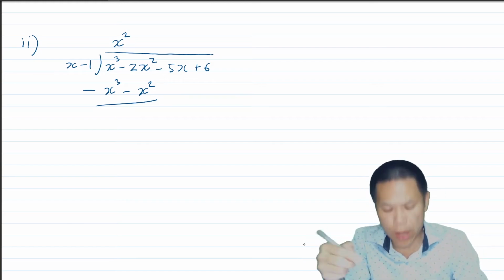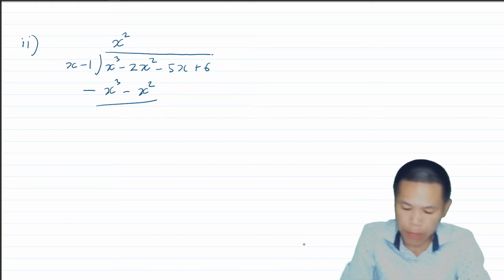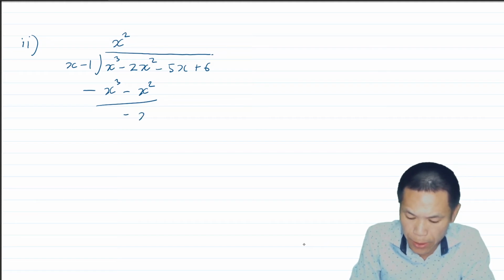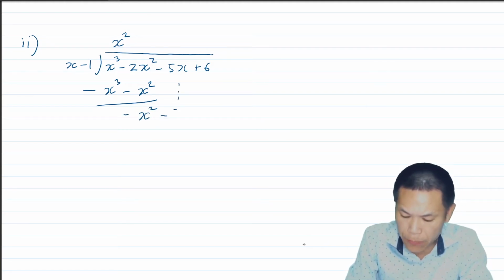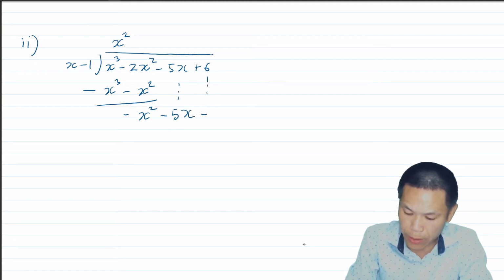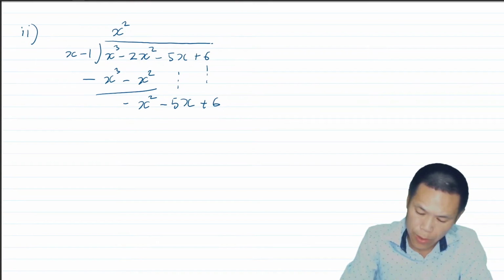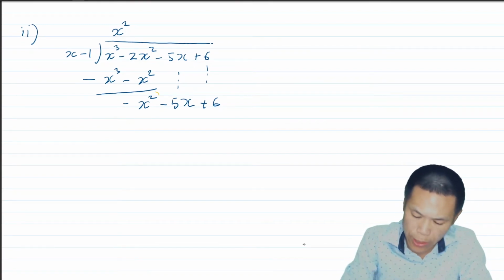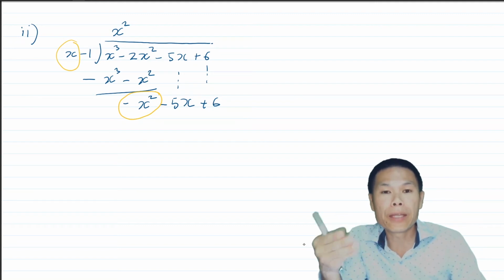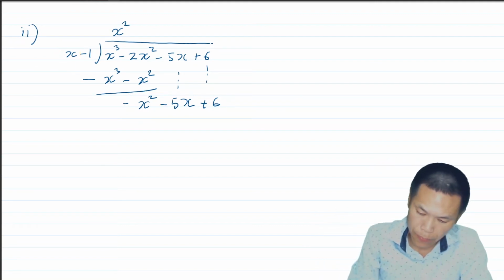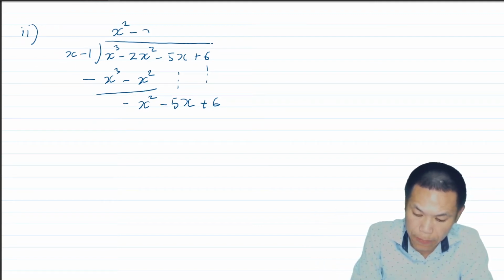Negative 2x squared minus negative x squared gives me negative x squared. And this negative 5x, I write it down. And this plus 6, I just write this down. Now I use negative x squared divided by x, which gives me negative x. So just write minus x.